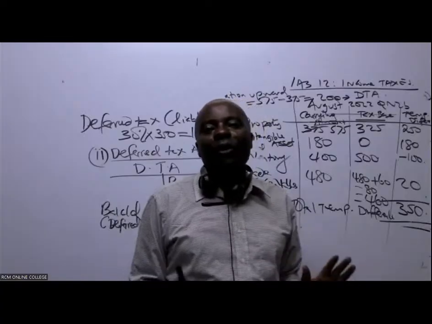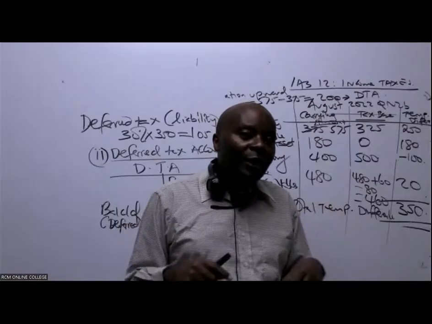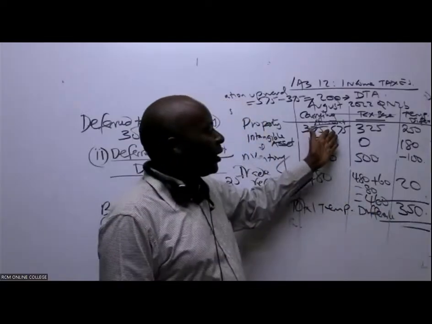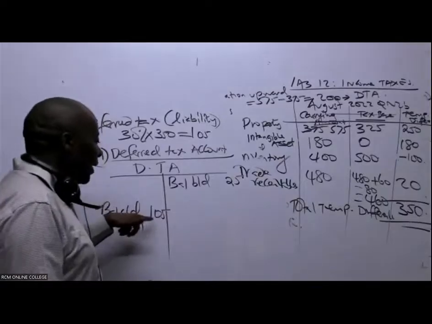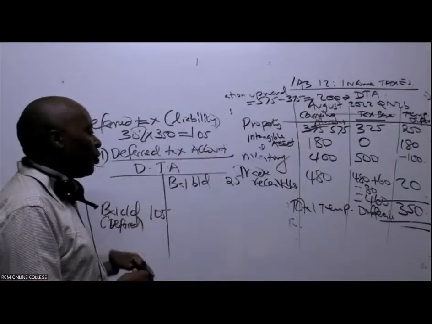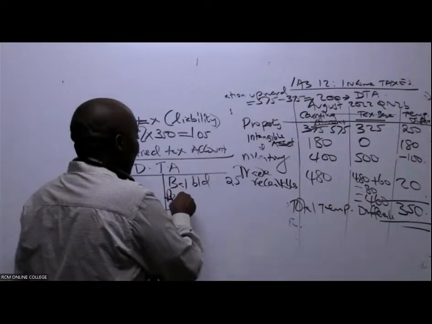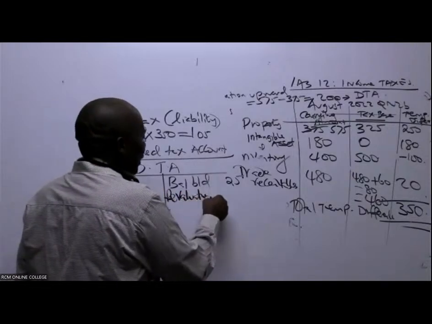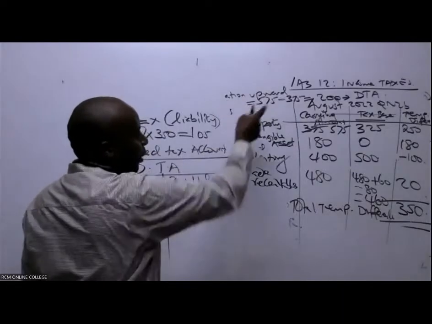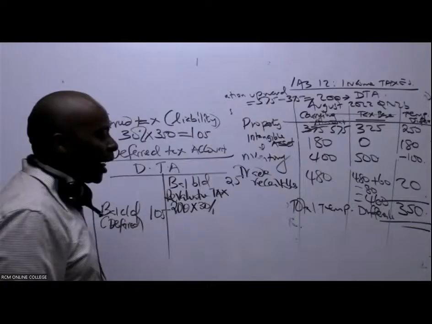And if they are never allowed, then they should never feature in our temporary differences. But now here we have it, and because we have it, this amount here is overstated. This only happens whenever you have revaluations. So what I need to do is come here and bring in the revaluation tax. You had given me this revaluation amount, it was 200, but I want the tax of that, which is 30%. Revaluation tax.